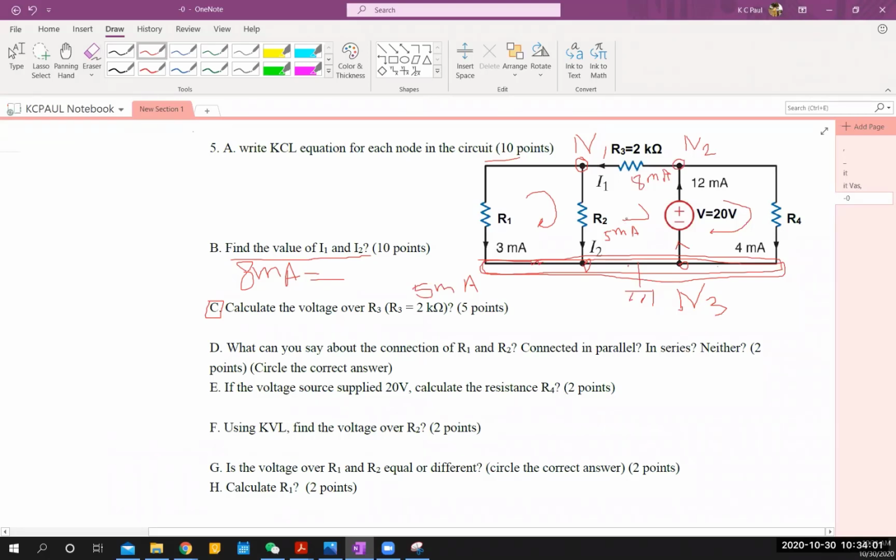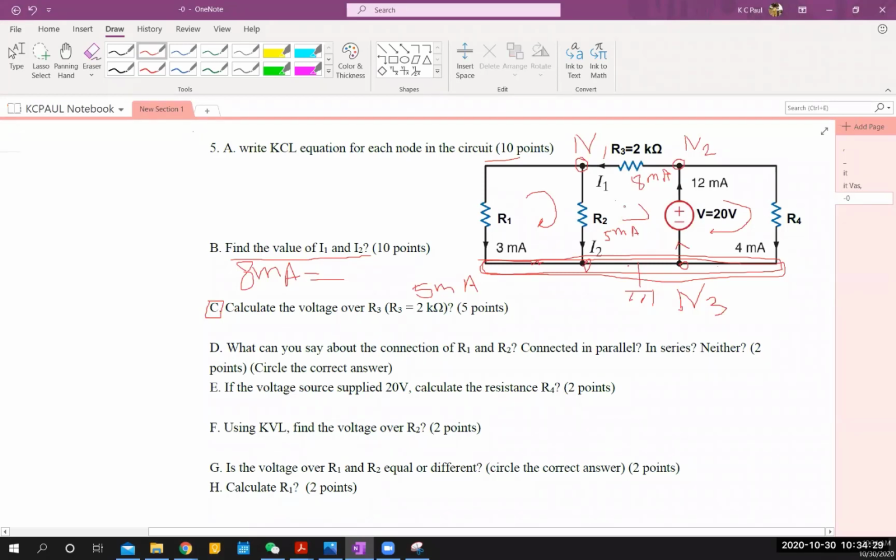Okay, you know the KVL. KVL is applied in a closed loop or closed mesh. You can think about mesh or loop, and you will assume a current flowing through each element. If the current directions are not given, you have to indicate the current direction, right? But the currents are already given here.